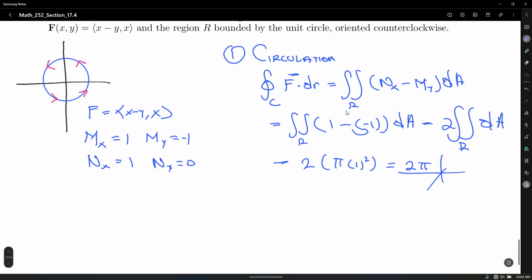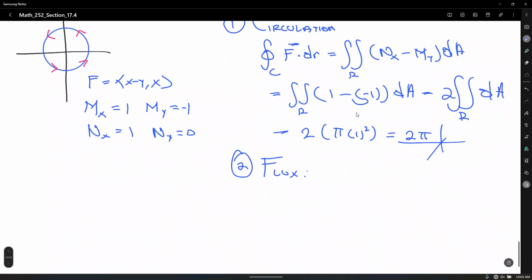Number 2, calculate the flux. For the flux, we're evaluating the integral along the closed curve, but this time we're not adding all these tangential vectors.